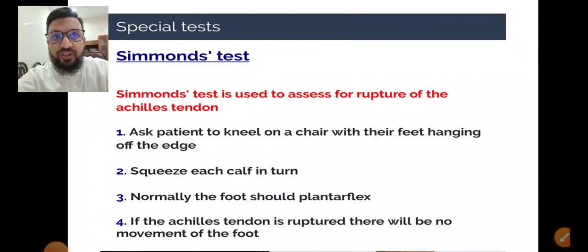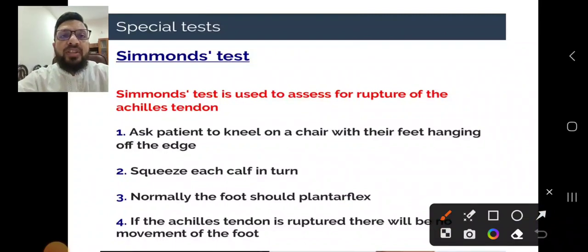So if you are left with time to perform the Simon test, and you know it is done in this bent position of the patient, then these two reflexes, the reflexes of the patient, as well as this Simon test, you have to perform in the sitting position. So I would say the ankle reflex, then the knee reflex and the Simon test should be performed at the end, and these should be performed in the sitting position.